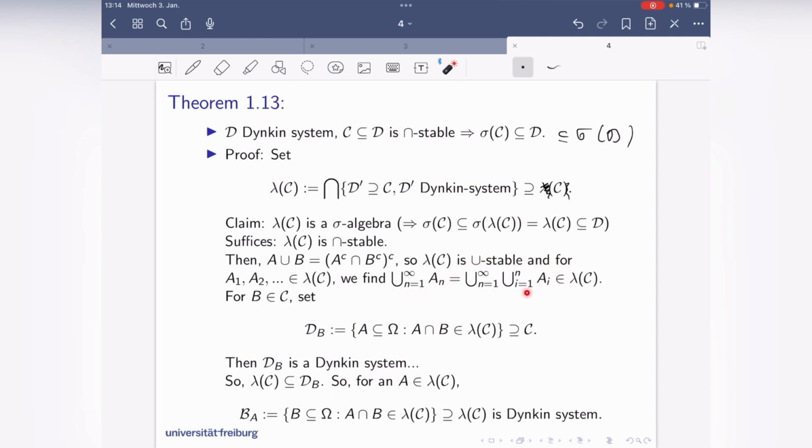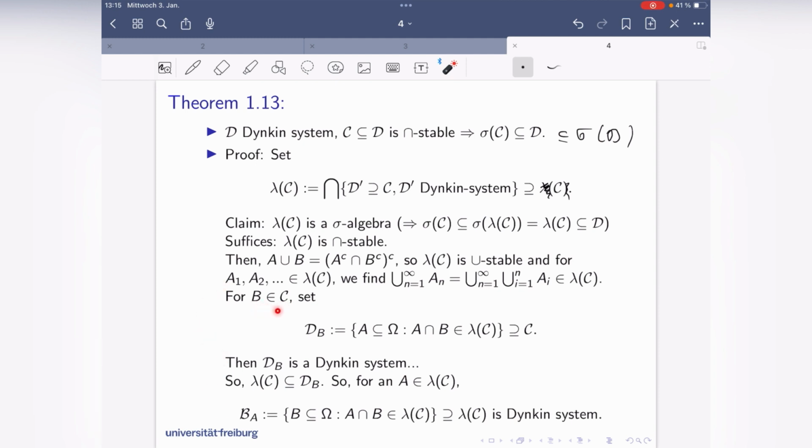But I write it like this because this in n is an increasing sequence of sets. And for this, I know that they are again in the Dynkin system. So that's in lambda of C also. So all that remains to do is to see that lambda of C is intersection stable. And that has two steps.